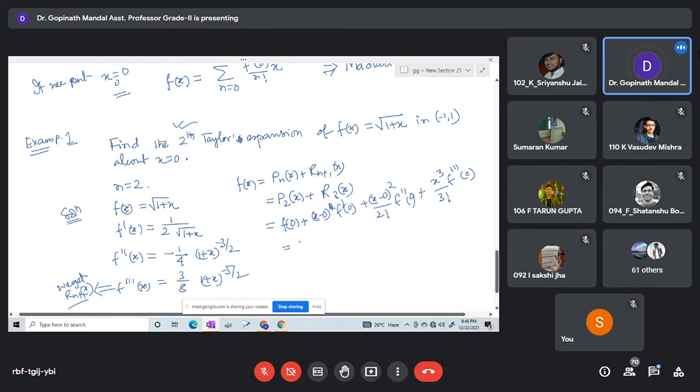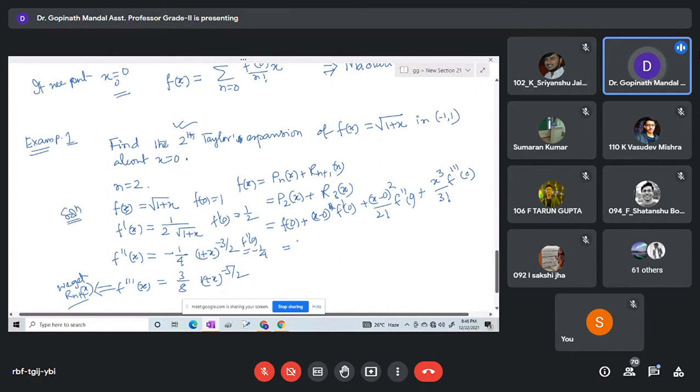Now f(0) equals 1, f'(0) equals half, f''(0) equals minus 1 by 4.